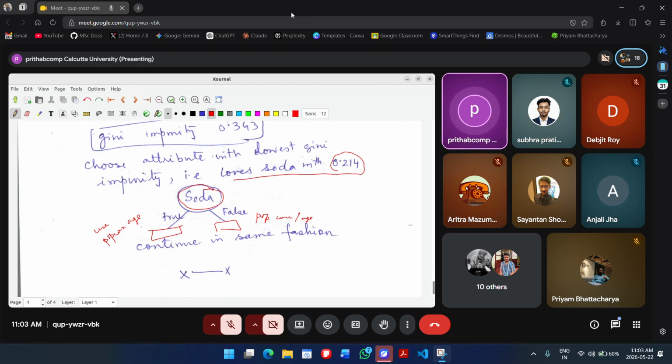Okay. So this is about using the Gini index in order to build the decision tree.